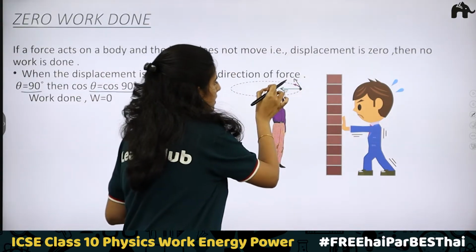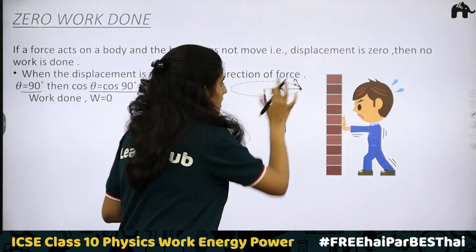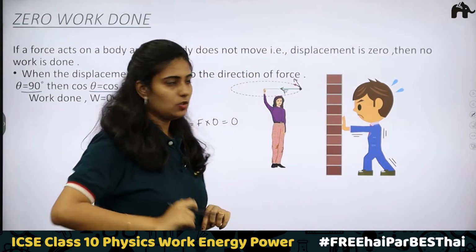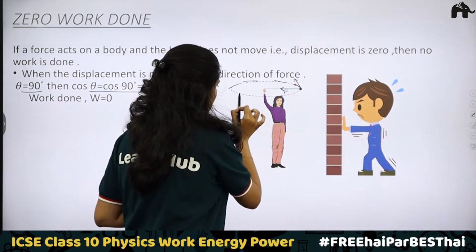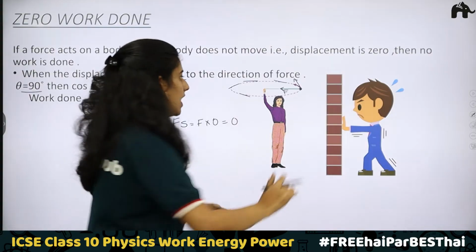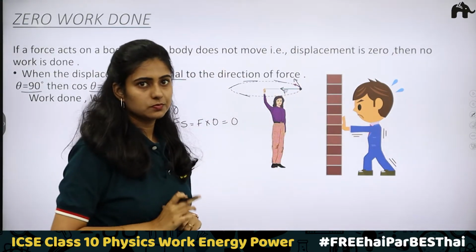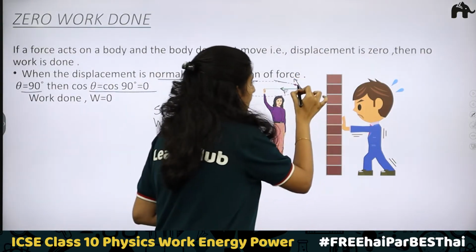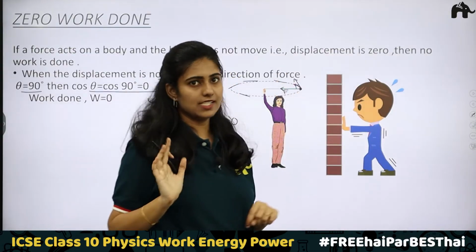So once this girl leaves the string, or the string breaks, the body will move tangentially. At every point you will be able to draw a tangent to the circle. We know that here this string is a radius to the circle. Radius and tangent will have an angle of 90 degrees between them. That is, radius and tangent are perpendicular to each other.